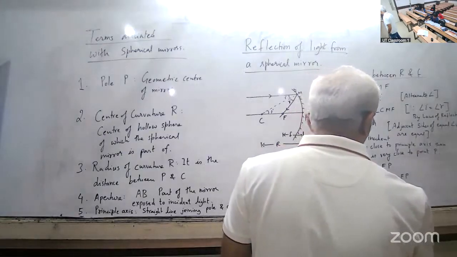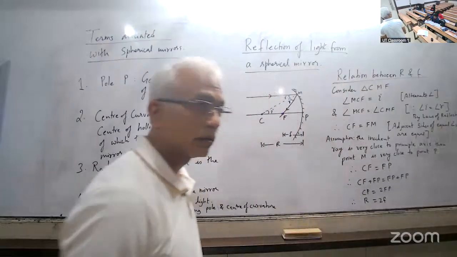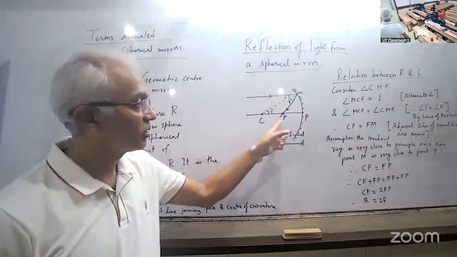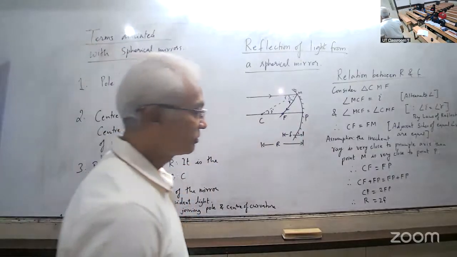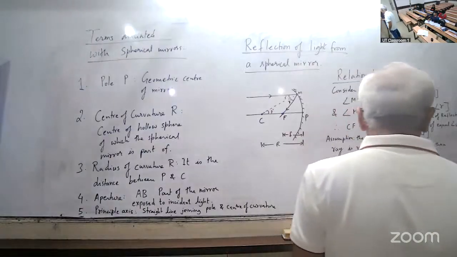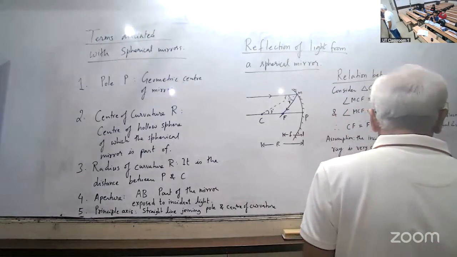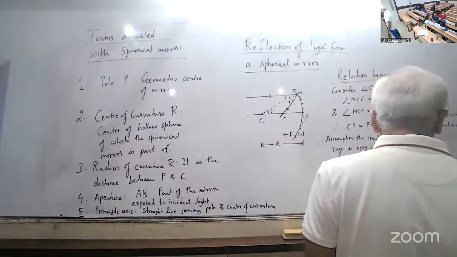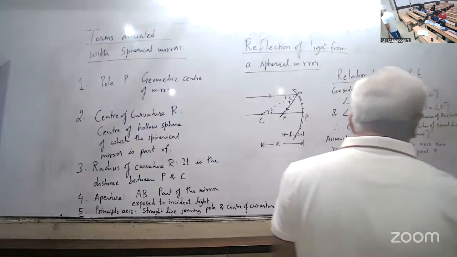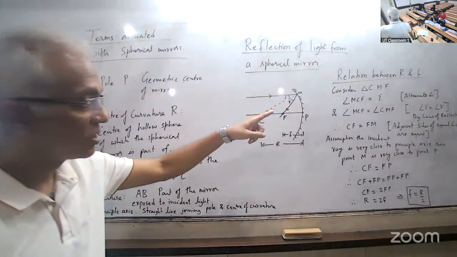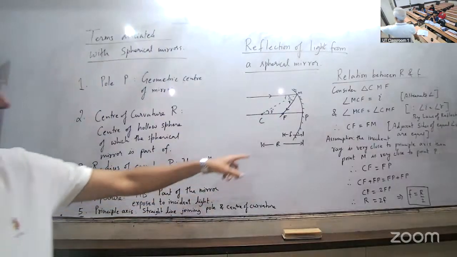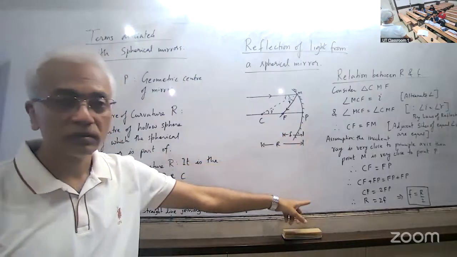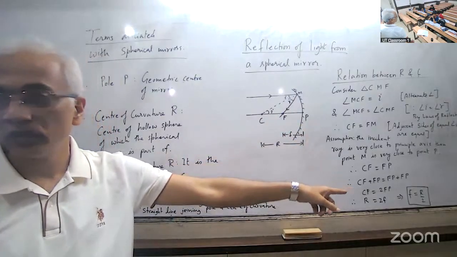What is FP? F is the focal length. F is nothing but PF. So this means F is equal to R by 2. So this is the relation between R and F. Somewhere we said F is the midpoint of CP, so we have proved that.